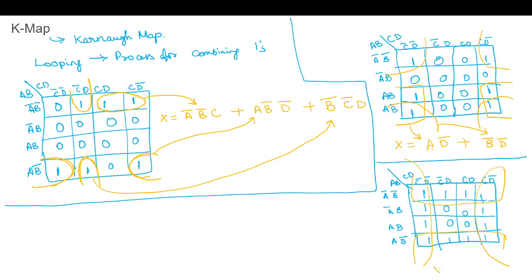So here you will see that it is having just one variable. In this one, only D bar is not changing. Plus this one, only B bar is not changing. This is all about the K-map.